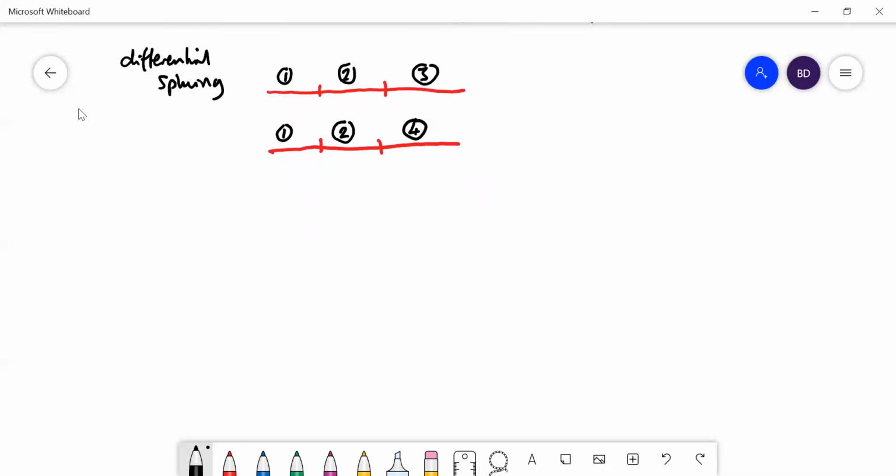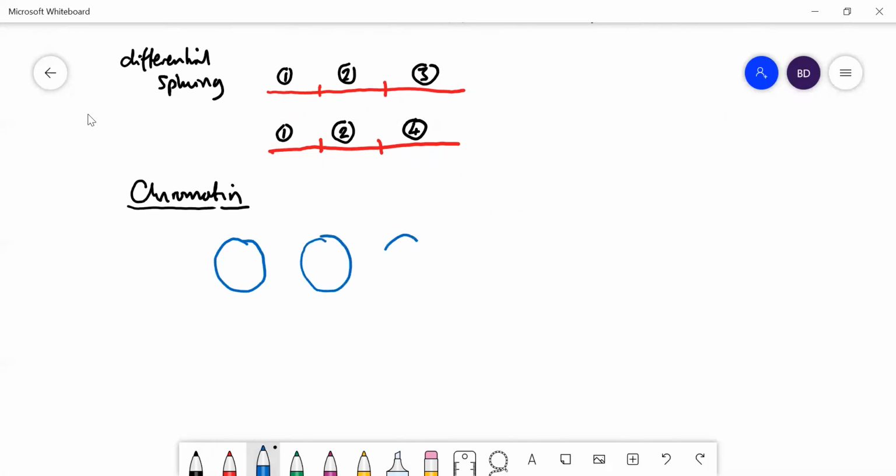Well, let's just talk about the structure of chromatin. So chromatin in eukaryotic cells: in prokaryotic cells, DNA is just naked, but in eukaryotic cells, it's not. It's mixed up with protein. So here, I've got proteins, and those proteins are called histones.